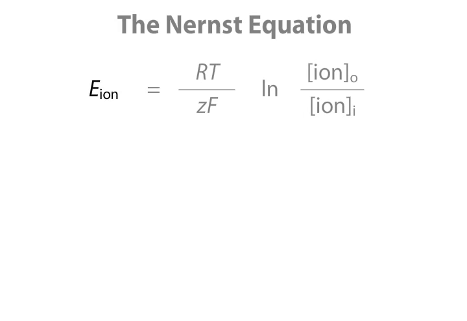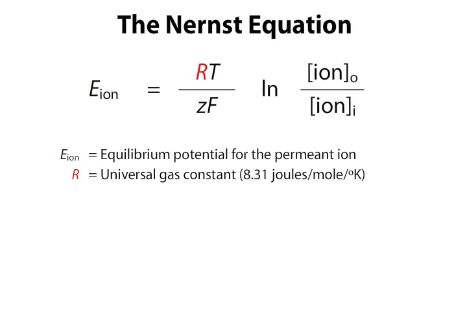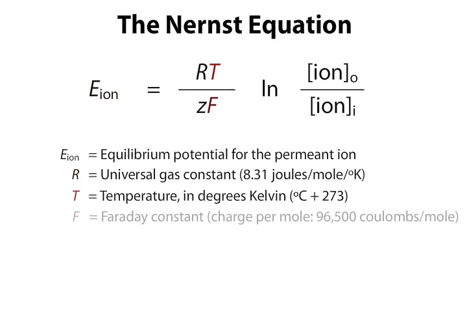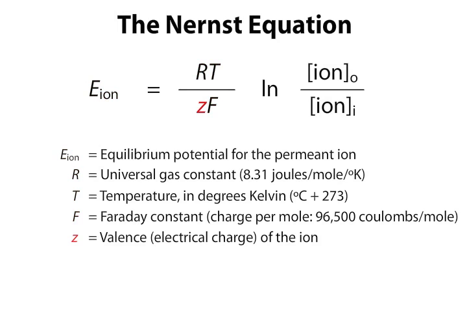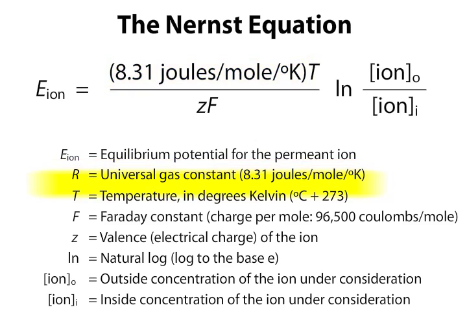The Nernst equation brings together descriptions of the equal and opposite electrical and chemical forces that act on the permeant ion. It allows us to calculate the equilibrium potential from the internal and external concentrations of any ionic species. We can simplify the equation by entering the values for the constants.